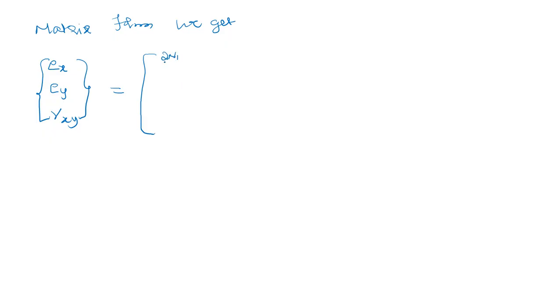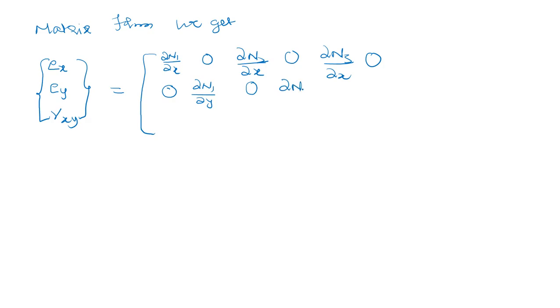dou N1 by dou x, 0, dou N2 by dou x, 0, dou N3 by dou x, 0. The same way the second row, for strain in y direction: 0, dou N1 by dou y, 0, dou N2 by dou y, 0, dou N3 by dou y.